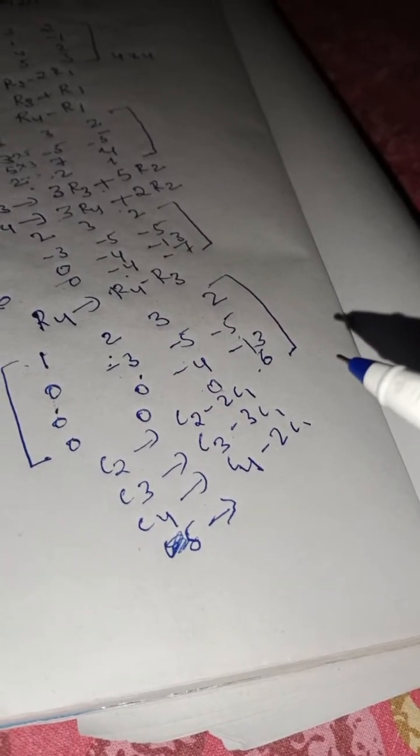So minus 5 minus 2 zeros are 0. Minus 5, minus 5, minus 13 and 6.